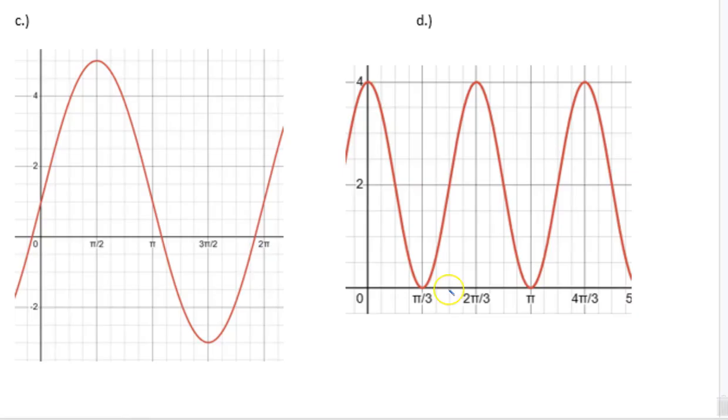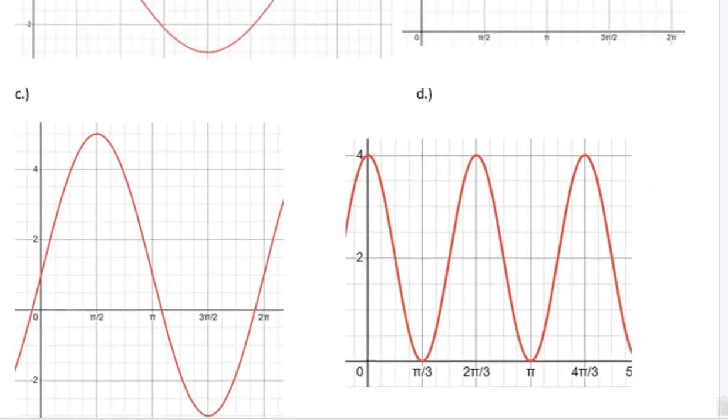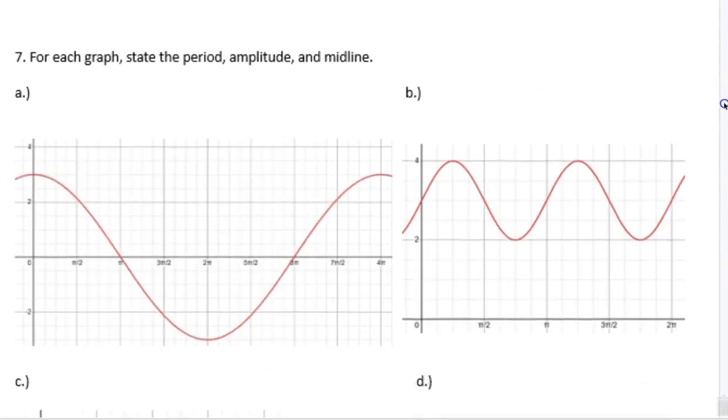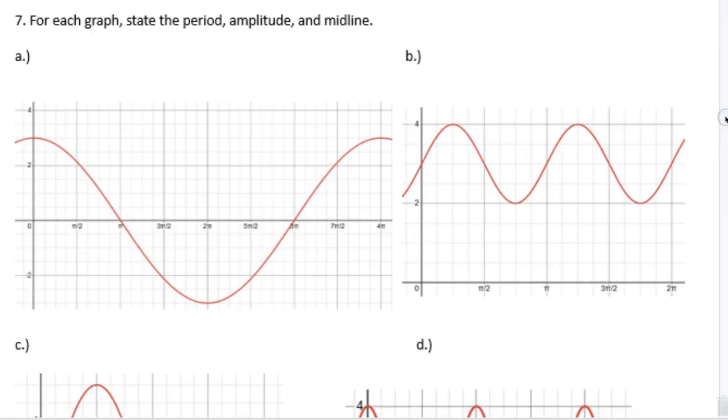All right. On the back, we are looking for the period, the amplitude, and the midline. So I'm going to make some notes. I see a top point, a bottom point, and a top point, like it's a cosine graph. So this is a really nice looking cosine graph. And I immediately can see that the period here is 4 pi, because it completes one cosine cycle in 4 pi.